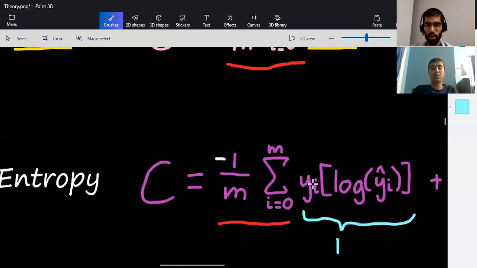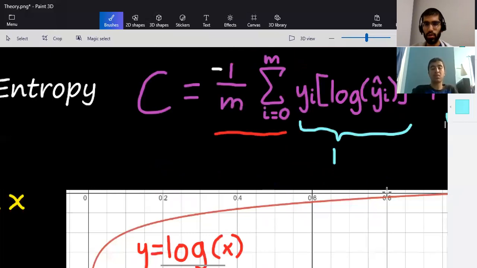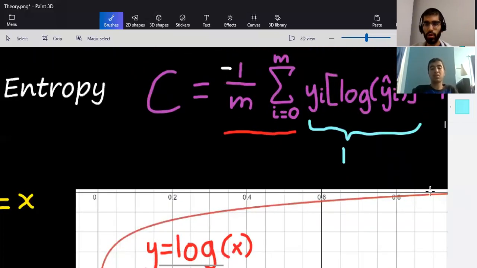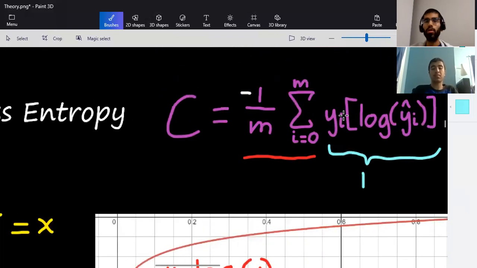So take a look at what's going on. Remember, log, we're passing in the prediction as the input. It will give a value that's nearly equal to 0 when, in this case, the prediction is equal to 1. So if the prediction is almost equal to 1, the output is nearly equal to 0. And if you think about it, that's what we want, because we just said y in this case would have to be equal to 1.